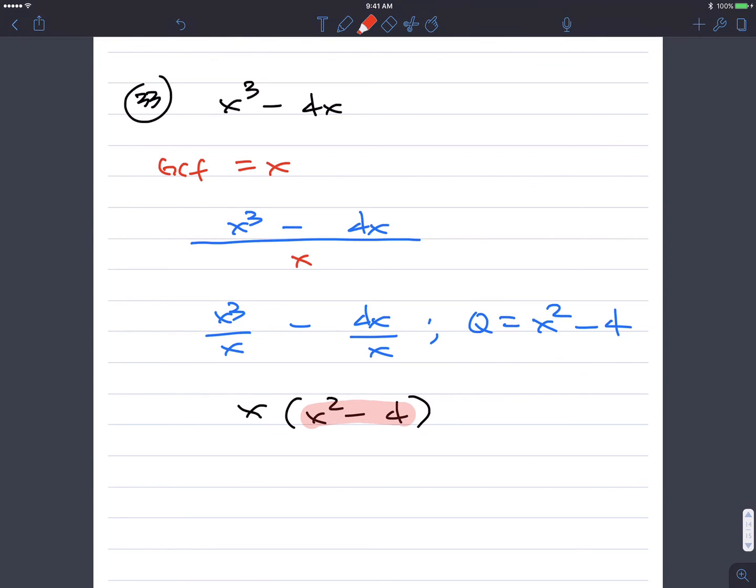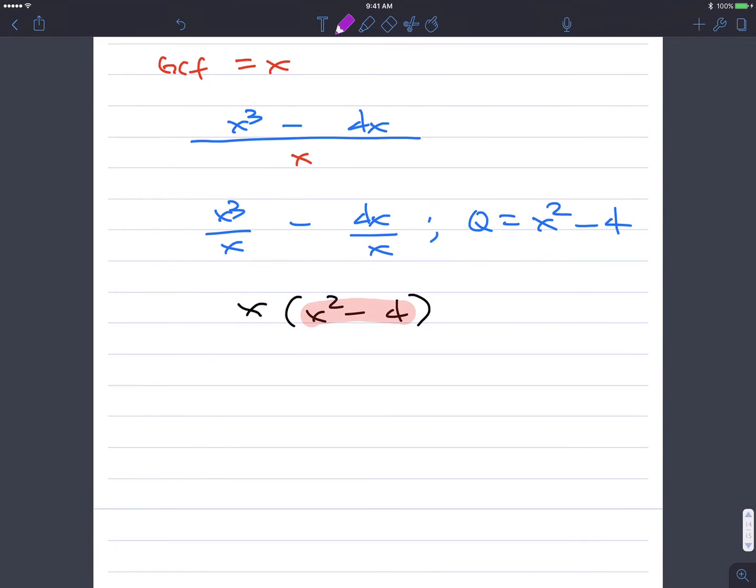We had the beef stew recipe. How many terms are here? 2 terms. And do you guys recognize this as a special factoring idea here? Isn't this a squared minus b squared? Isn't that the difference of perfect squares? Is that true? So even the difference of perfect squares formula comes in here for factor completely.